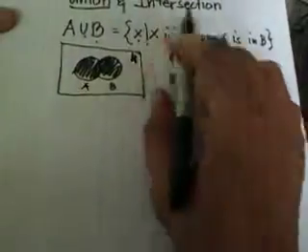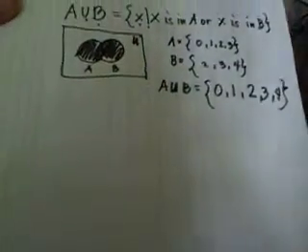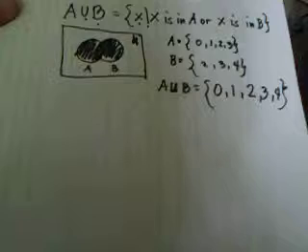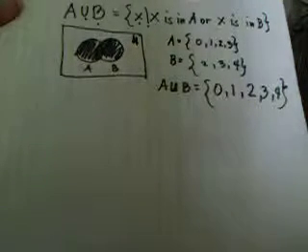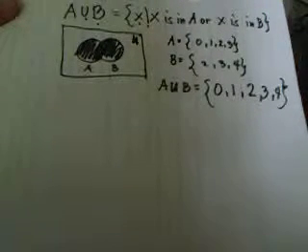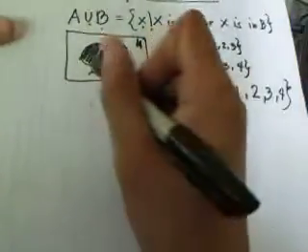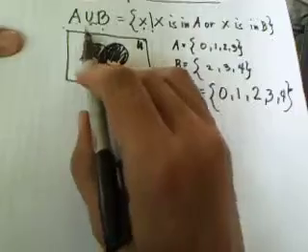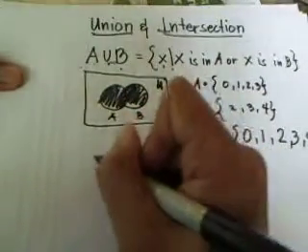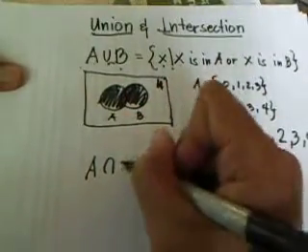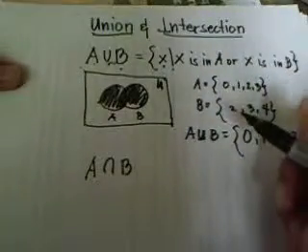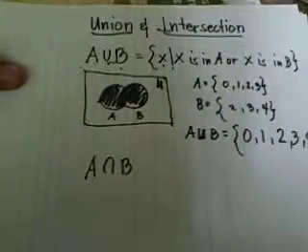Now when we talk about the intersection, all you have to do is find the common elements of both A and B. So it is the intersection of A and B, and it is represented in this way.